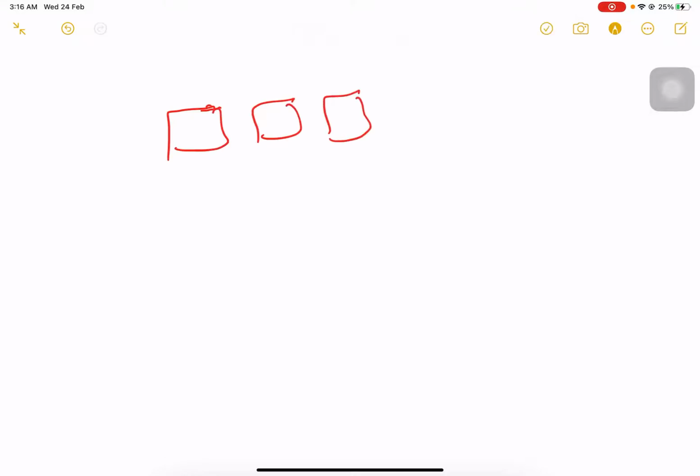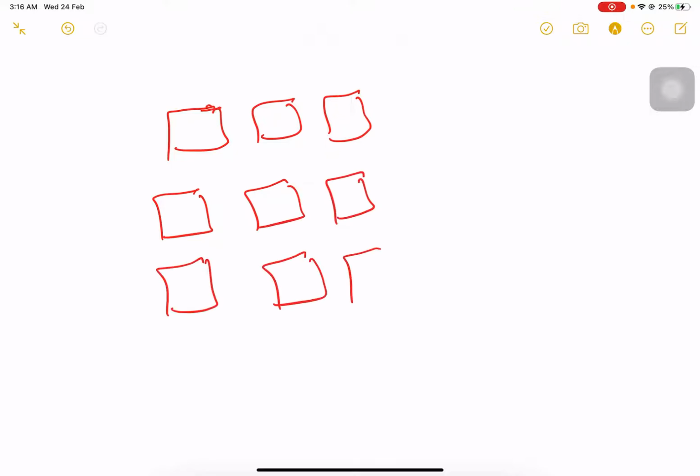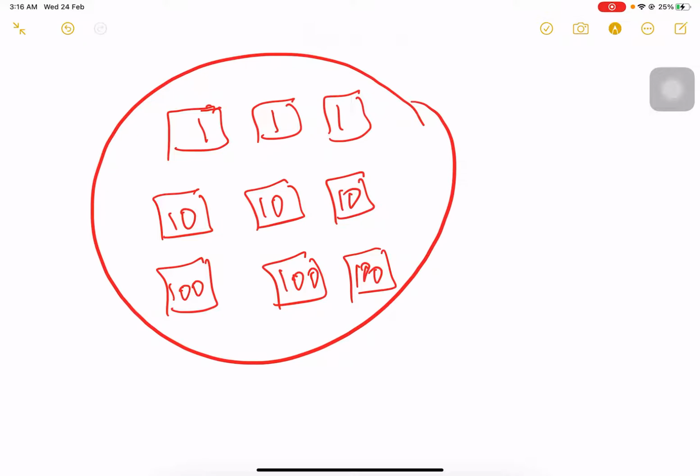Each 3 are the same kind, okay? In each box for the first kind, he has 1 marble inside. In the second kind, he has in each box 10 marbles. In the third kind, he has 100 marbles in each box. They want to know how much in all Nader has.